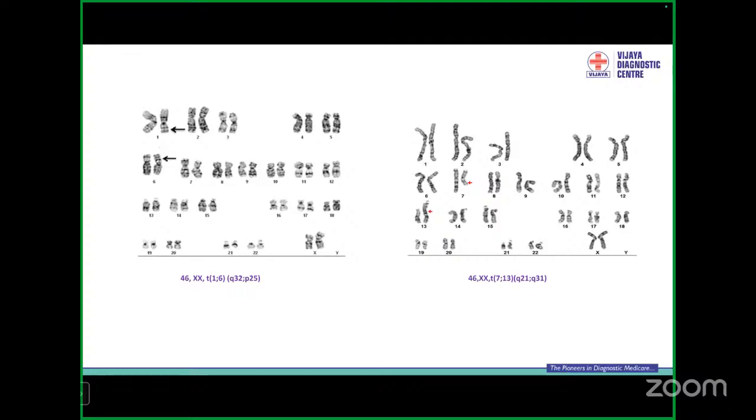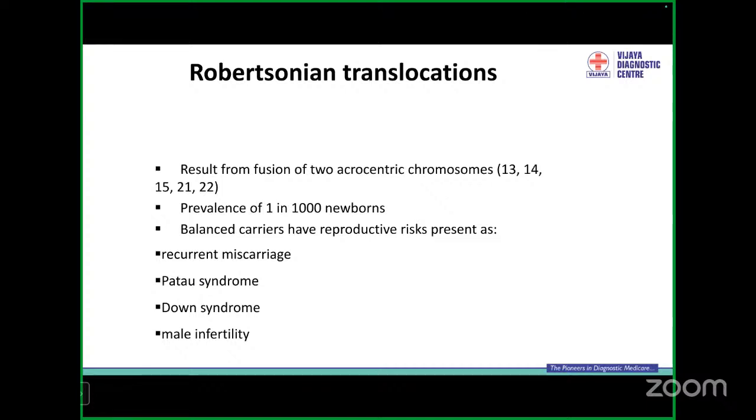Based on which chromosome, the intensity differs, because the long chromosomes have so many genes and they usually end up in early abortions. On the other side, you can see a translocation of chromosome 7 and 13 in a female. This is another balanced translocation. Coming to the Robertsonian translocations, like I've discussed, it results only between the acrocentric chromosomes, the short ones with a very reduced p arm, and there is a high prevalence of these, 1 in 1,000 newborns.